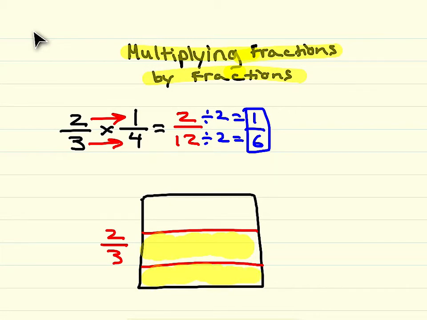Next, I'm going to label my width to be 1/4. And to do this, I'm going to make 4 equal columns because my denominator is 4.